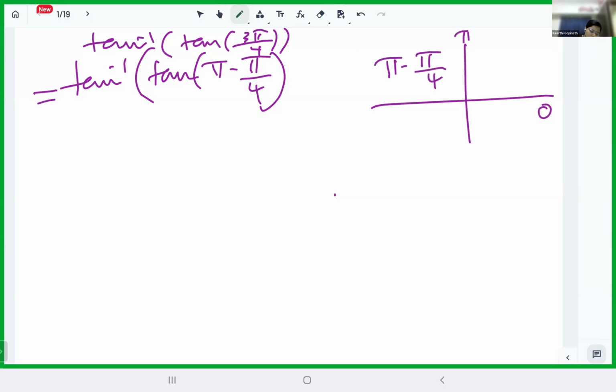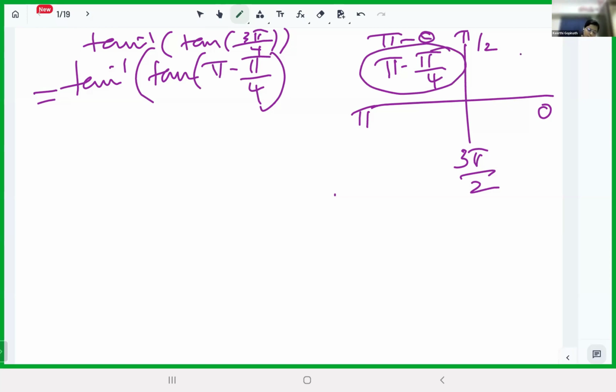This is 0, this is pi by 2, this is pi, and this is 3 pi by 2. The angles in the second quadrant have the general representation pi minus theta. Here theta is pi by 4, so pi minus pi by 4 belongs to the second quadrant. In the second quadrant, is the tan function positive or negative?